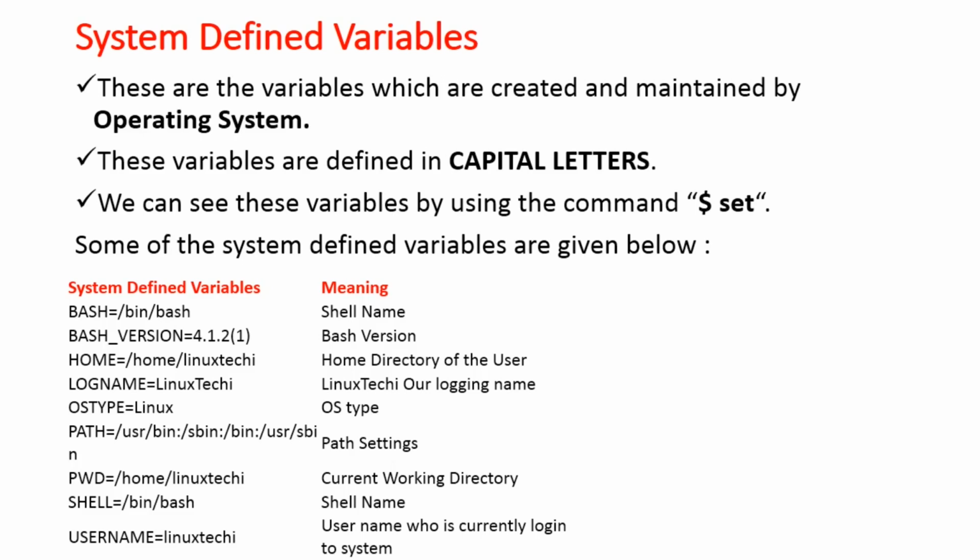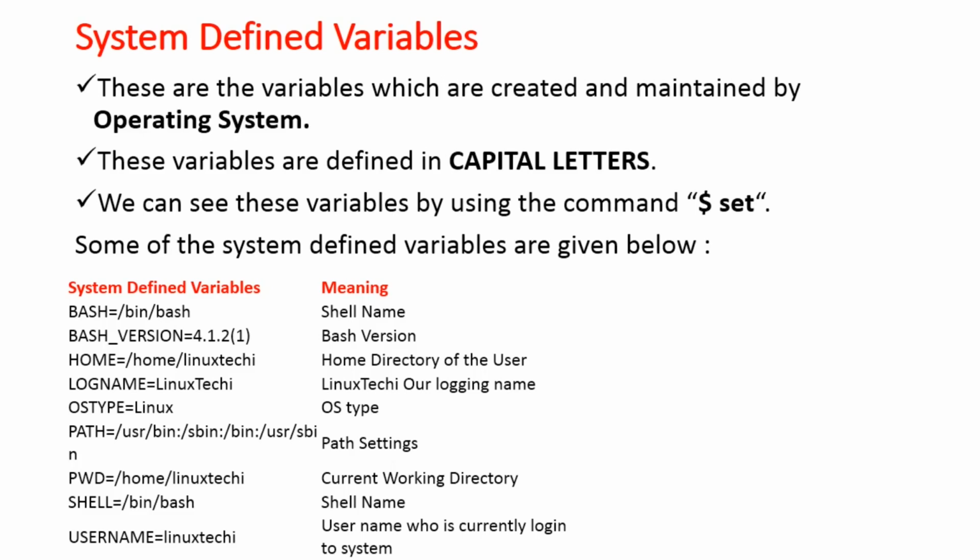All the system defined variables are stored in the form name equal to value, that is, variable name equal to its value. For example, here bash is the variable name, and /bin/bash is the value for that variable. So all the system defined variables will be in the form name equal to value.